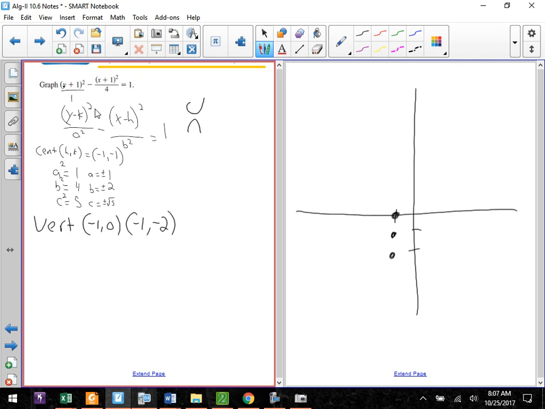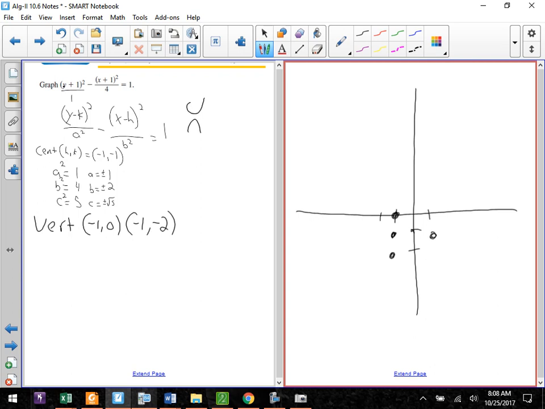When I get to the shifted hyperbolas, ellipses, and things like that, where I have to list out where everything goes, it's much easier to do as soon as you plot it, write down where they are. Because once you start plotting everything in there, it gets messy. So it's easier just to separate the steps. Our co-vertices are going to be plus or minus 2, going right and left. So here's 1, 2.